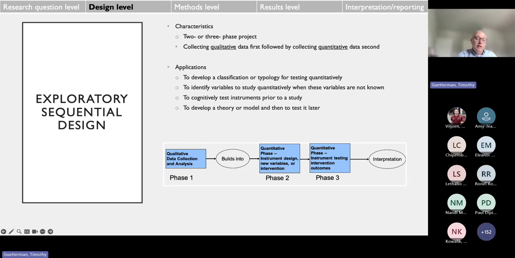Or maybe we're starting qualitatively and we're going to use that to develop or modify an intervention, something like that. Those are common intents for the exploratory sequential design. And then you see this oval on the far right-hand side, and that's more integrative analysis that happens after you have all of those results, where you're looking across everything.